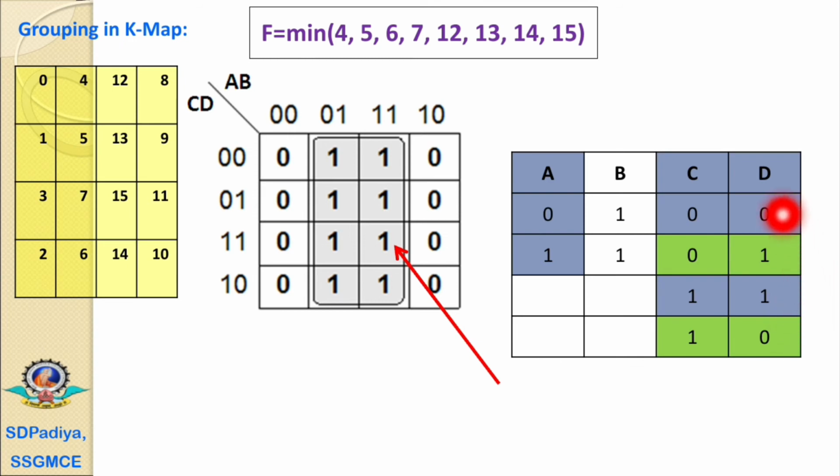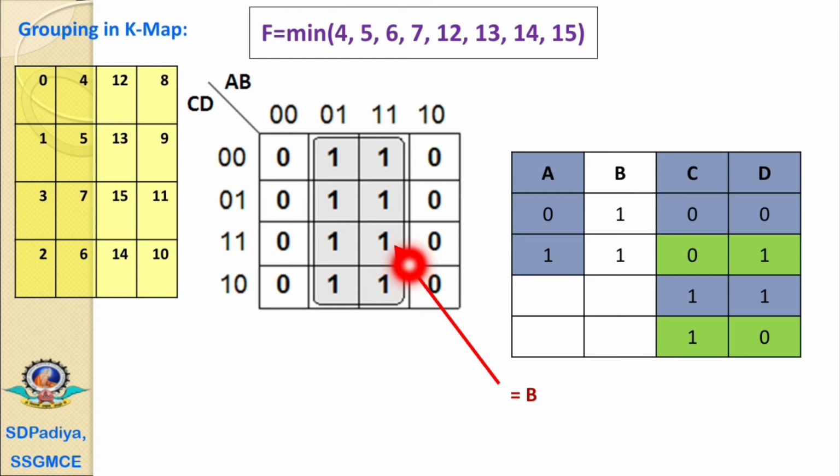Now the first and the third, that is 0 0 and 1 1, eliminate each other, and 0 1 and 1 0 also eliminate each other. Therefore again A is eliminated, and the remaining is only B, and its value is 1. Therefore the final simplified expression is only B.